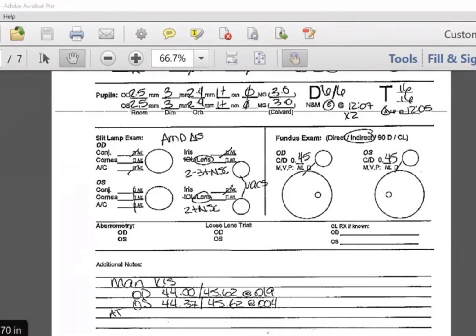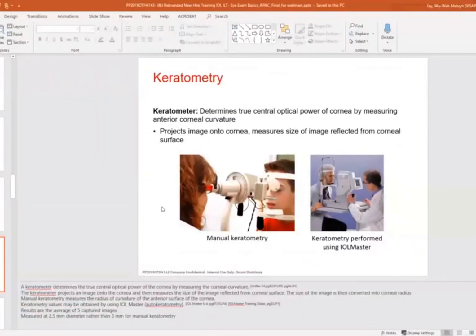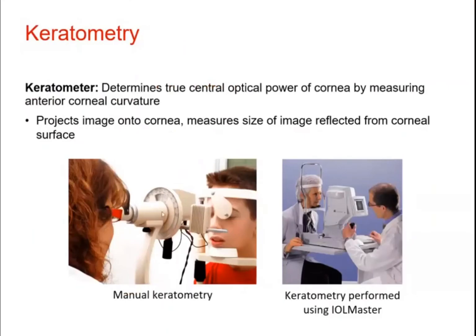Another advantage to manual keratometry is that the technician actually looks through the optics here and looks at the reflected mires from the patient's cornea. So basically how the keratometer measures the corneal curvature is to look at the reflection of the mires onto the patient's cornea and turn the dial so that the mires are matched up.